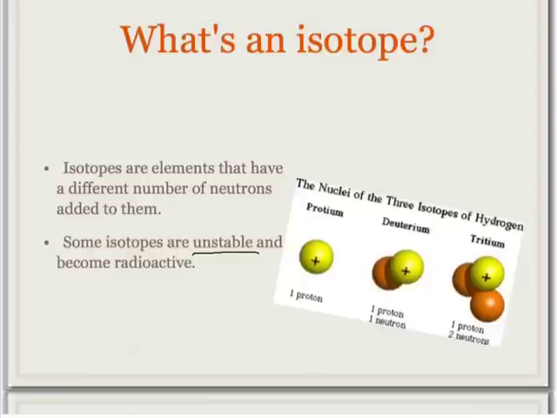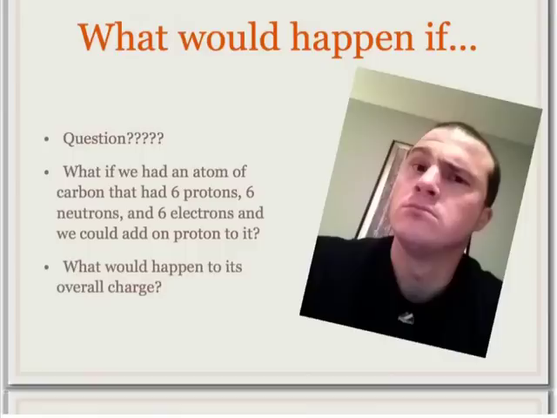They're going to want to split apart, and that is radioactive decay. They start to break apart and break down, and that's what radioactivity is. We'll get into that more when we get into carbon dating and radioactive decay next week.